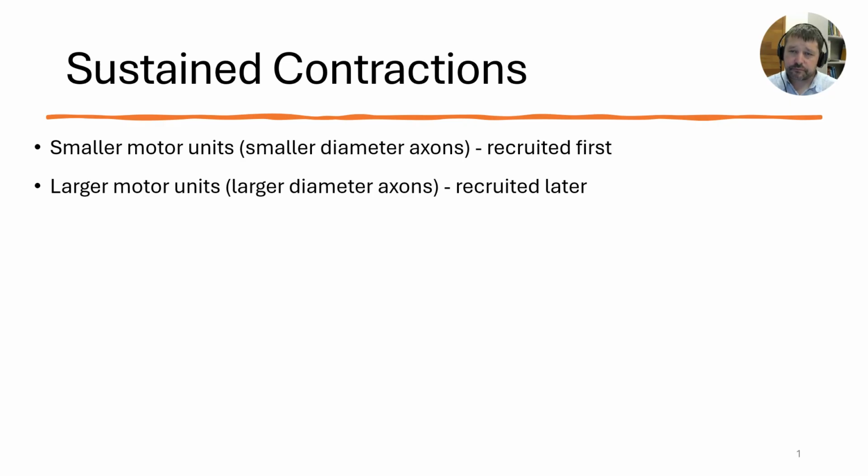If you need fast recruitment, a fast response, you'd have a small motor unit initiated first, and then if you need a sustained response, a sustained contraction, you might have a bunch of large motor units afterwards. You can have a combination of both, and that's typically how we sustain a contraction.